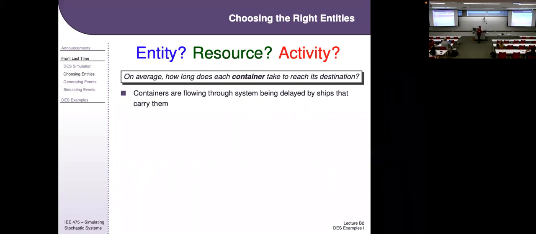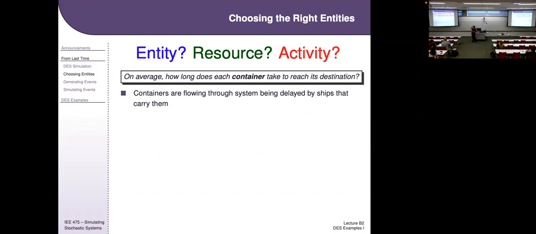And so if we think of those things together, then the activities are how long the containers take using the resources. For the cranes, that activity might be how long does it take to actually grab a container and move it onto a ship? Well, we could measure that. Maybe it takes 5 minutes to pick up a heavy container, move it over, and place it on a ship.